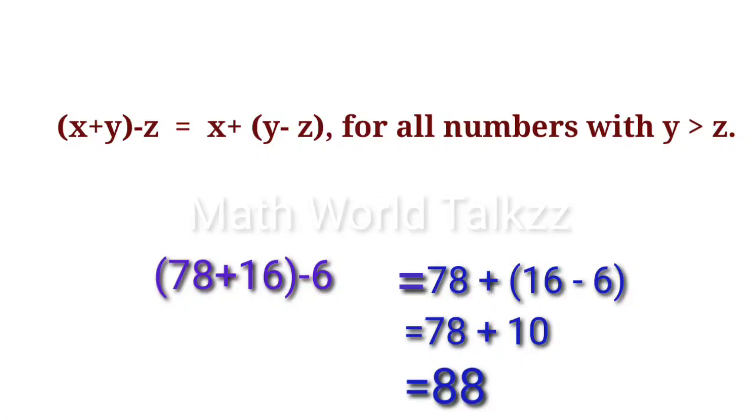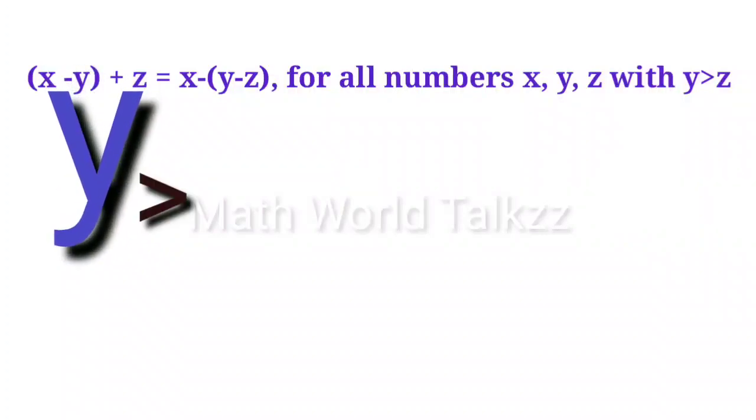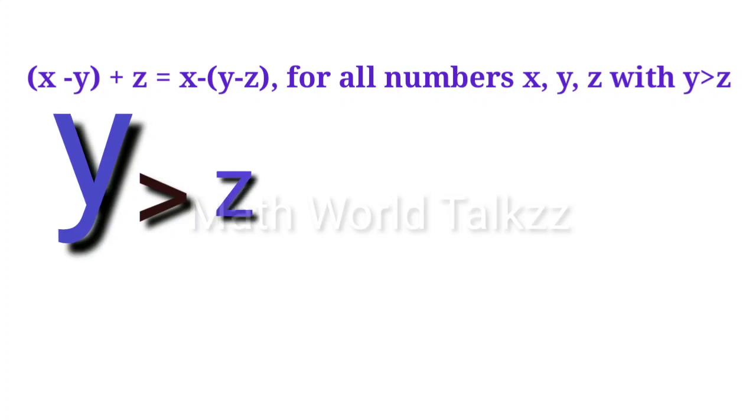Okay. So moving to the fourth rule. x minus y plus z is equal to x minus y minus z for all numbers x, y, z with y greater than z. So this rule we can use only when y is greater than z. That means the second number is greater than z.